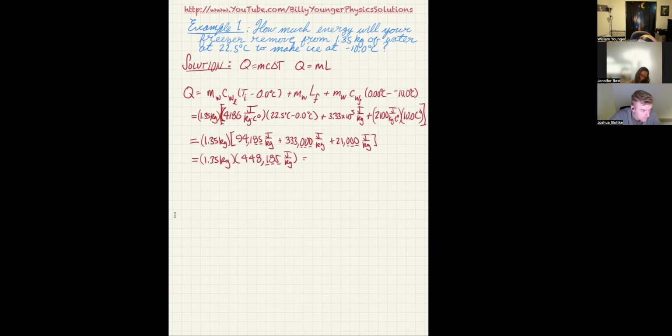But now I can go ahead and multiply this number by 1.35, and that will get rid of the kilograms and give me the total number of joules. And that total number of joules looks like about 605,049.8, and that's just plain joules.